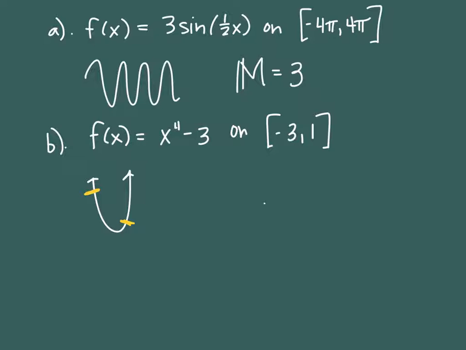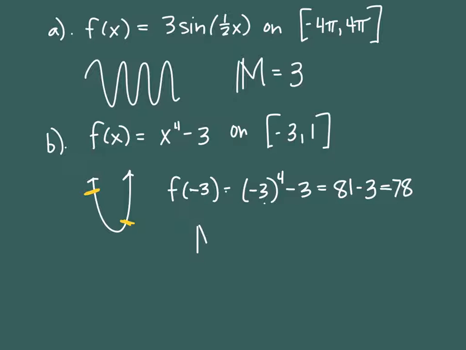By our knowledge of what the function looks like, because it's symmetric to the y-axis, we know that the maximum is going to occur on the left endpoint. And so then we can figure out, what is f of negative 3? That would be negative 3 to the 4th minus 3. So that's 81 minus 3, and so we're looking at 78.